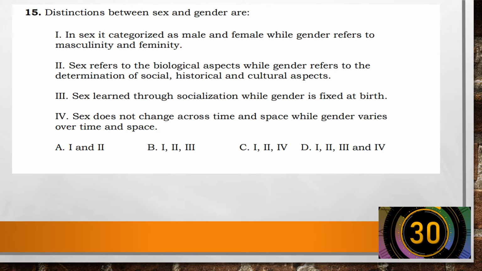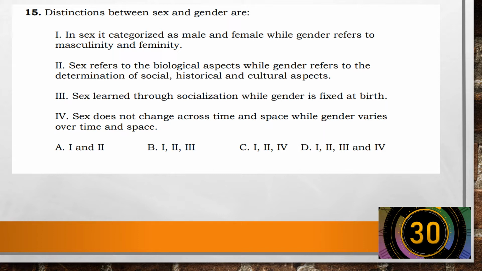15. Distinctions between sex and gender are: first, sex is categorized as male and female, while gender refers to masculinity and femininity. 2. Sex refers to biological aspects, while gender refers to the determination of social, historical, and cultural aspects. 3.